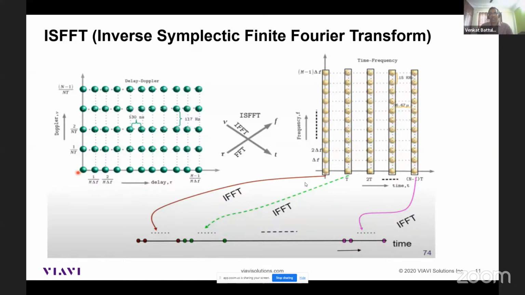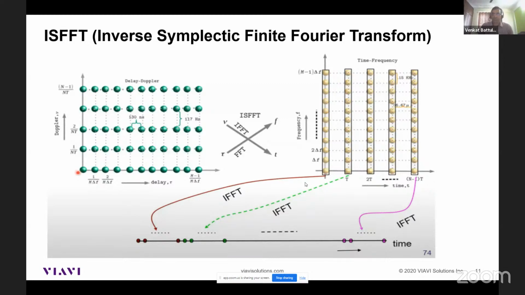It is a simple one-dimensional transform, both in delay and Doppler, to get into the frequency and time domain. It's not difficult to figure out. You map your delay-Doppler grid with your modulated symbols, and you do row-wise and column-wise transforms to get into your frequency-time domain. Very simple one-dimensional transforms.